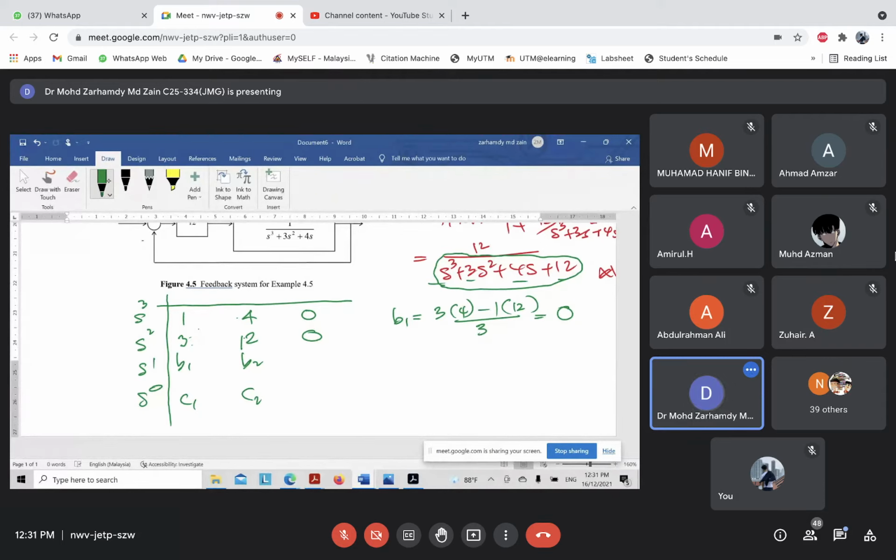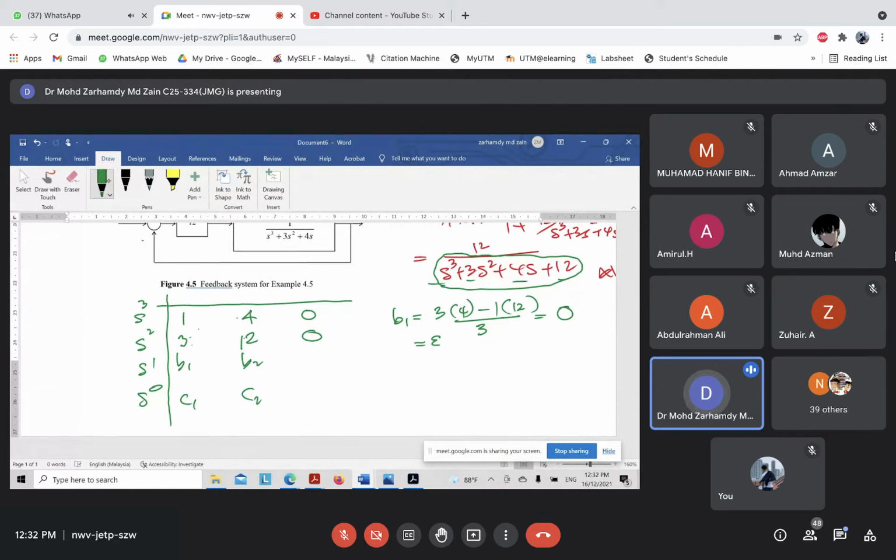of C1, we need to assume B1 is epsilon. That means we come up with a symbol. We cannot put 0, because if we put 0 it means we do nothing. 0 is empty, nothing, so we don't learn anything. So we assume B1 is epsilon to help us find the value of C1.